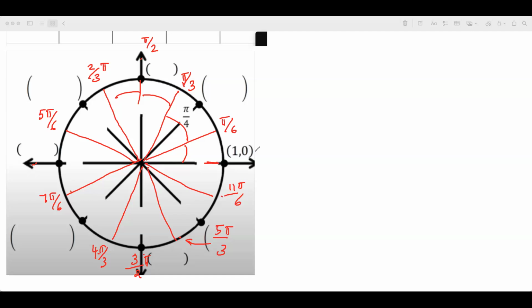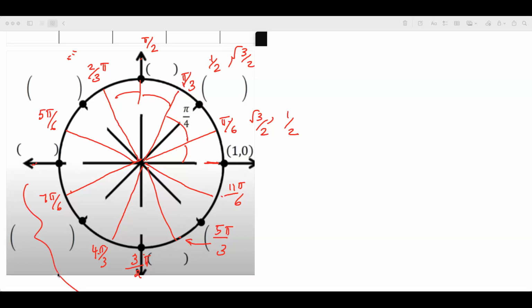So we divided into 30-degree angles. For these, pi by 6 starts with root 3 by 2 and 1 by 2. Pi by 3 starts with 1 by 2 and root 3 by 2. You got it? Now based on the quadrants, they get negated or stay positive. On this side x values are negated.